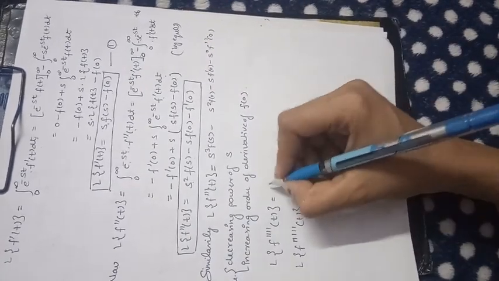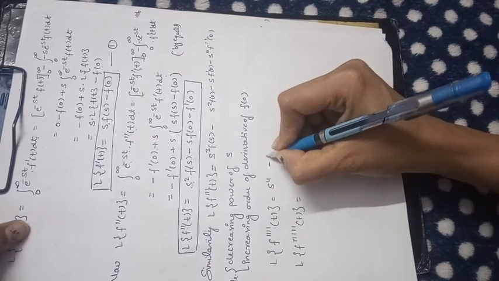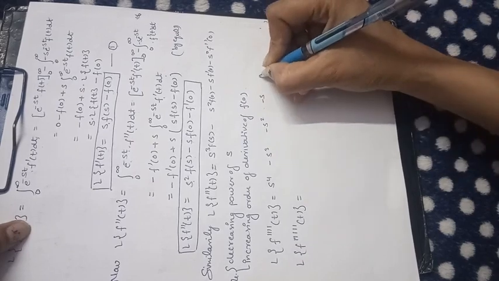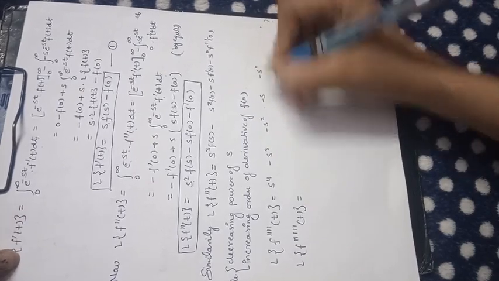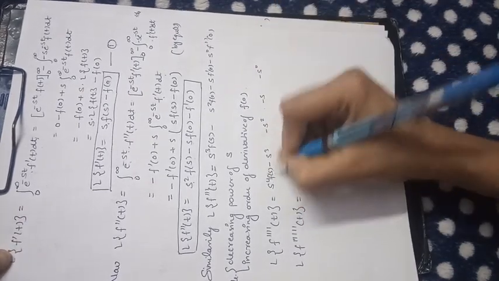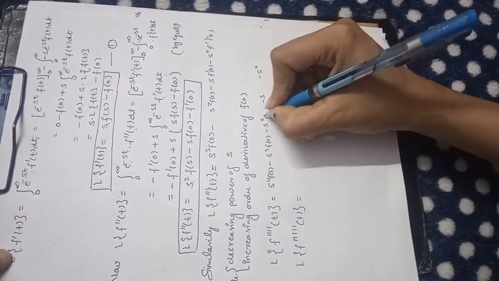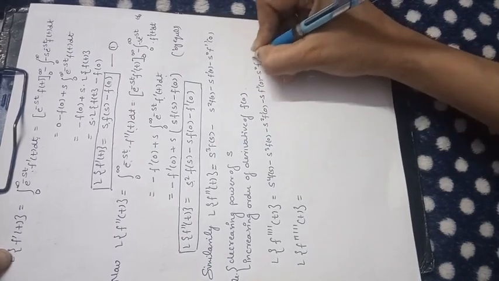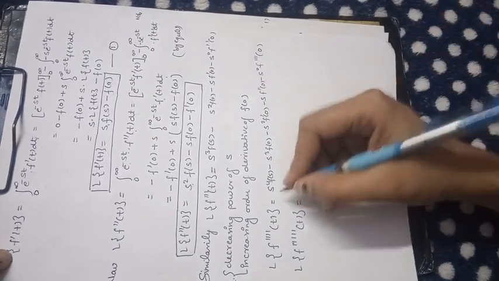Similarly, fourth order: s⁴, s³, s², s, and finally s⁰, and you have to start from F(s), f(0), f'(0), f''(0), and f'''(0).